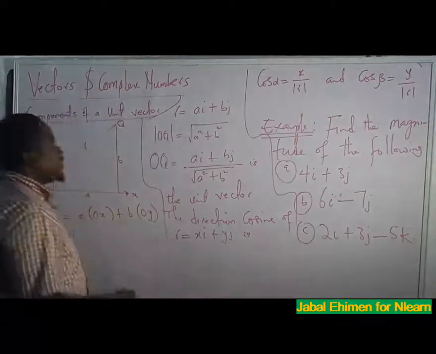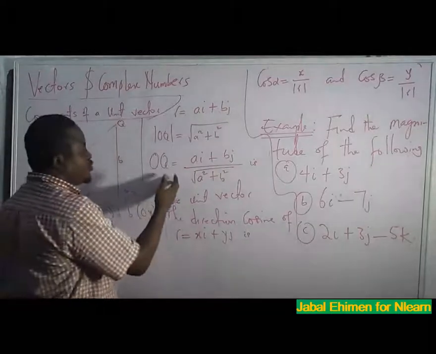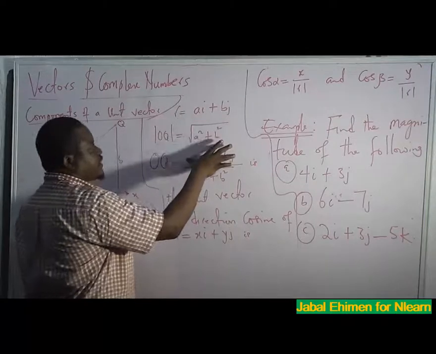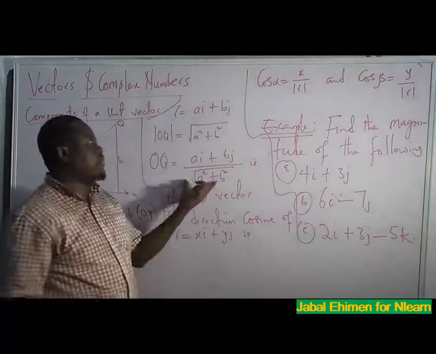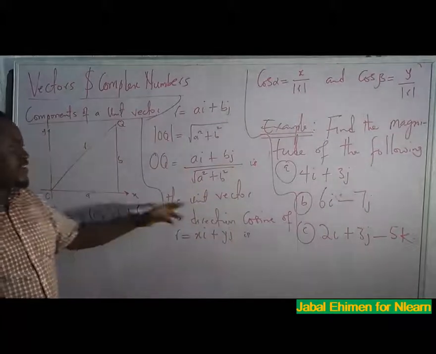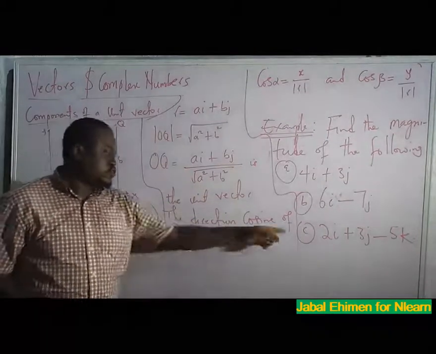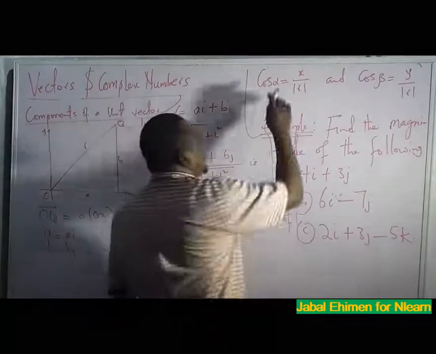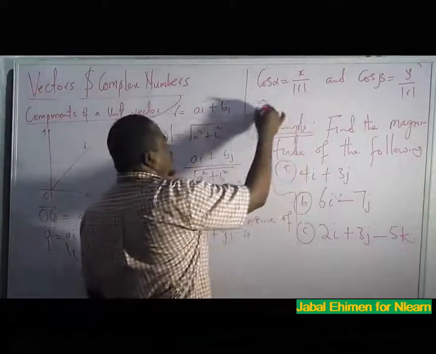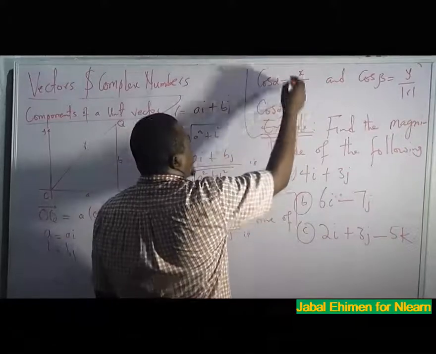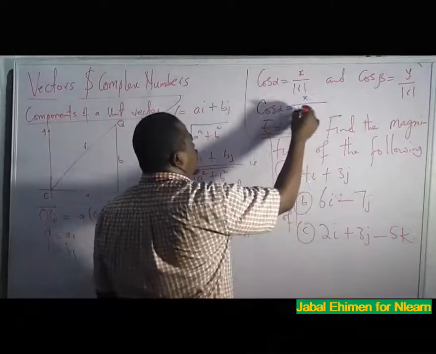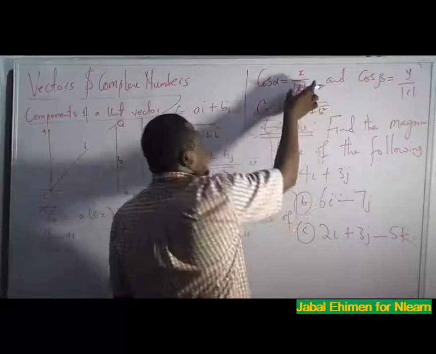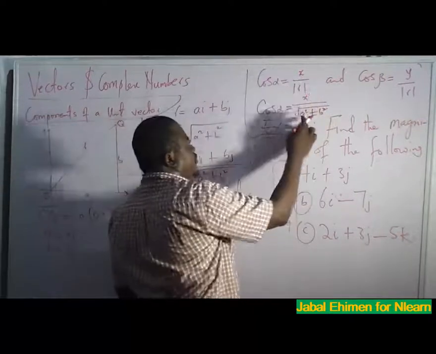From here, we'll discover that OQ will give us the vector direction divided by the modulus. Now I said the direction cosines of the unit vector are given. But the direction cosine can also be cos alpha equals x over root of A squared plus B squared, because the modulus of the vector is this value.